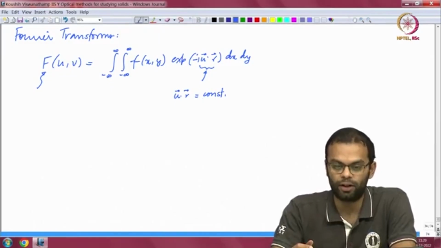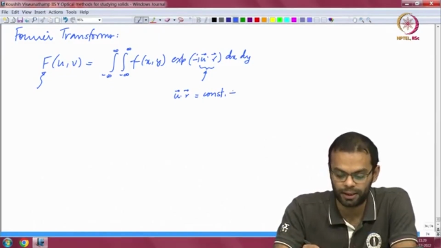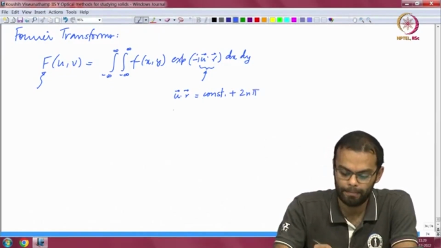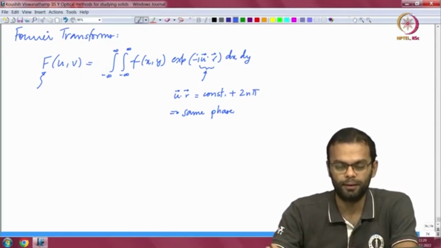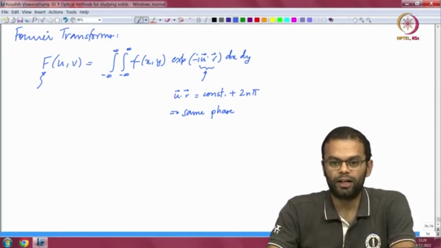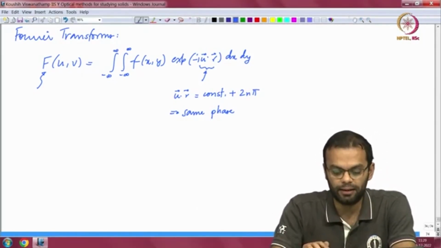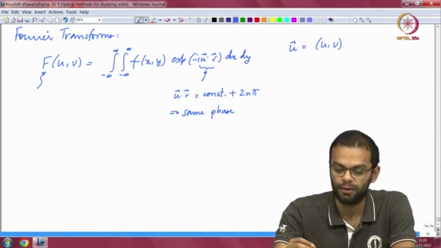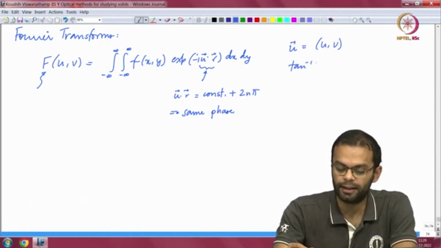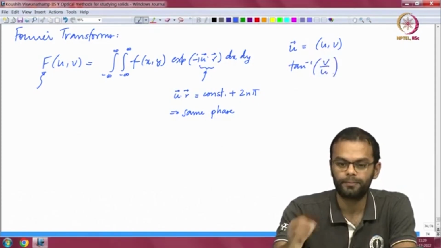Whenever u bar dot r bar is constant, or a constant plus some 2 n pi, you get the same phase, because e to the power of 2 i pi is equal to 1. And so you get a family of parallel lines, and the direction of the lines is tan inverse of v by u.